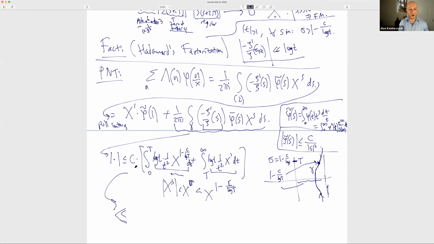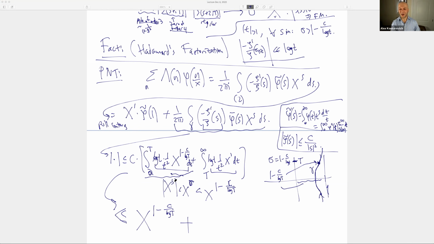Less than, I don't care about these constants. I have an integral of log t over t². Well, whatever this integral is, it converges. I can extend it out to infinity and it still converges. The only thing I'll get here is x to the 1 minus a constant over log T. You see that? And I'm not worried about 0; this is really at 2 or something.